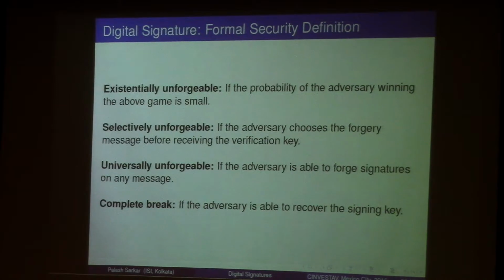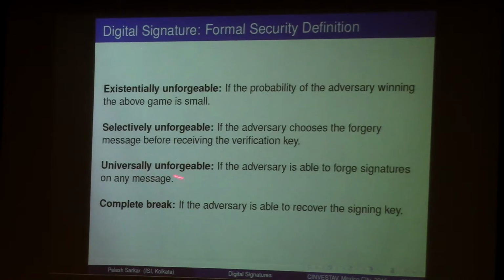Now, in a different model, the adversary could say that, okay, I will forge on a particular message. This is called selective forgery. The adversary at the outset chooses the forgery message before receiving the verification key. If the adversary cannot win such a game, then it's called selectively unforgeable.